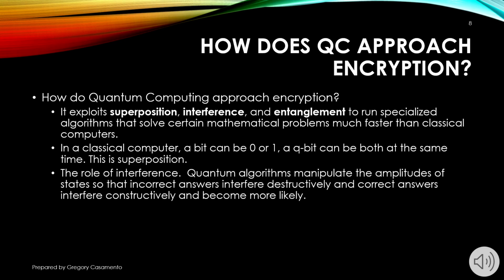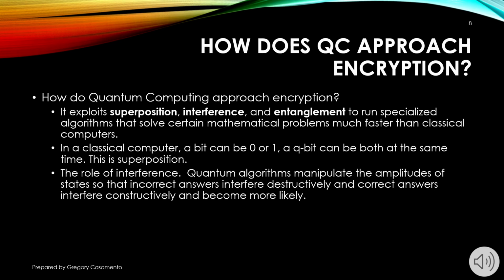So, how does quantum computing approach encryption? It basically exploits superposition, interference, and entanglement to run specialized algorithms that solve certain mathematical problems much faster than a classical computer.